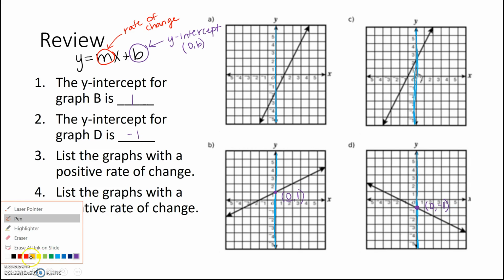Okay, so now it says list the graphs with a positive rate of change. So rate of change, remember, either goes uphill and it's positive, or it goes downhill and it's negative. So I look from left to right every time. Right here, if I'm tracing it, my finger's going up. So this is going to be uphill, which is positive.